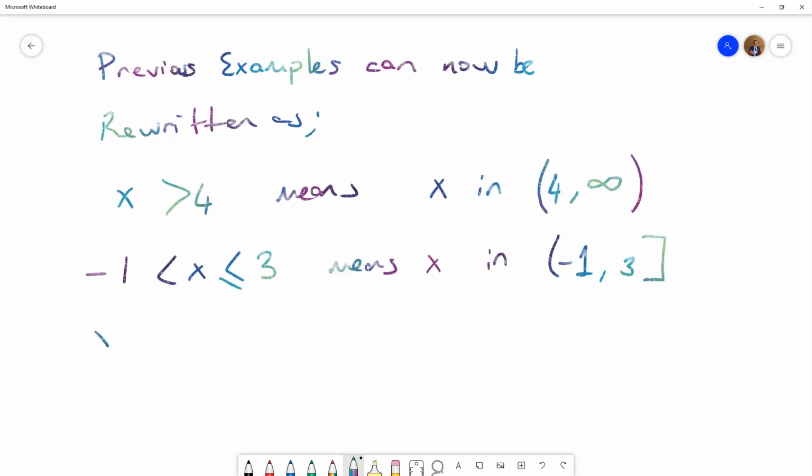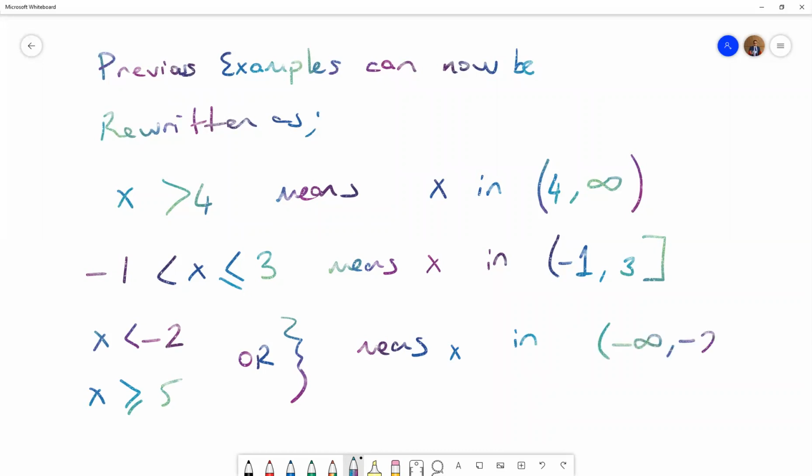And we have the last one, x is smaller than minus 2 or x is bigger than or equal to 5, means x is in (minus infinity, minus 2), open end, or x is in [5, infinity), closed end at 5 on the left, and we have infinity open end. These are the previous examples, so we rewrote them again.